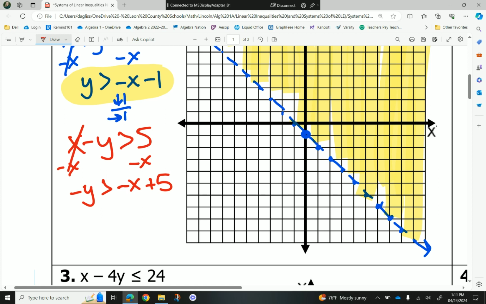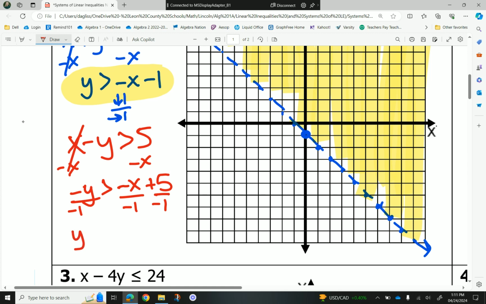My y has a negative attached to it. So what do I do there? I have to divide everything by that negative. Okay, the negative can't be there, so the negative has to be divided out of everything. What do I have to do since I divided by a negative? Thank you, we have to flip our sign.